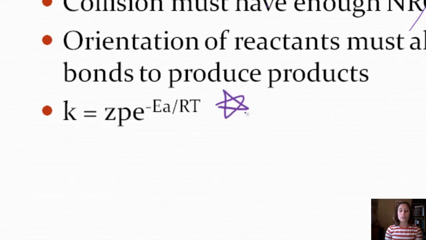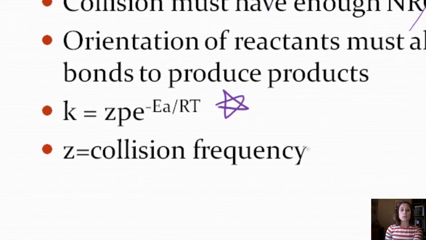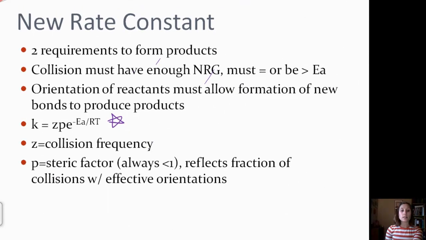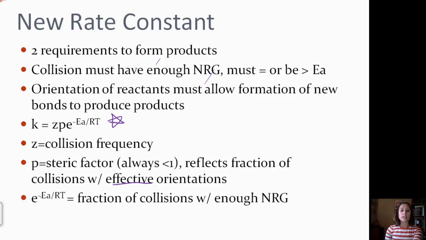This can be our equation for the new rate constant, where Z is the collision frequency, and P is called the steric factor. It's always less than 1, and it refers to the fraction of collisions with effective orientations. And then our e to the negative E_A over RT deals with the collisions having enough energy. So here is our orientation, and here's our bigger than E_A value.